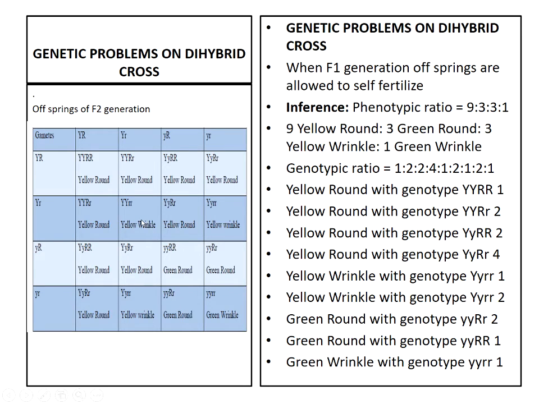So this is the yellow wrinkle with genotype capital Y, small y, and also small r, small r. This is the yellow wrinkle and its number is 1. Next is yellow wrinkle with genotype capital Y, capital Y, small r, small r.